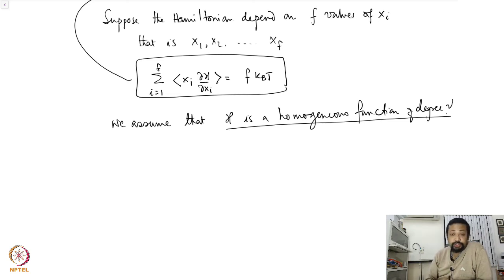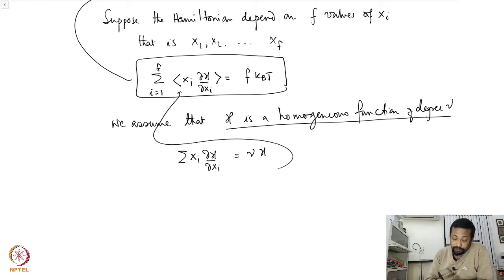Then I can apply my Euler theorem, and this theorem we have done earlier.